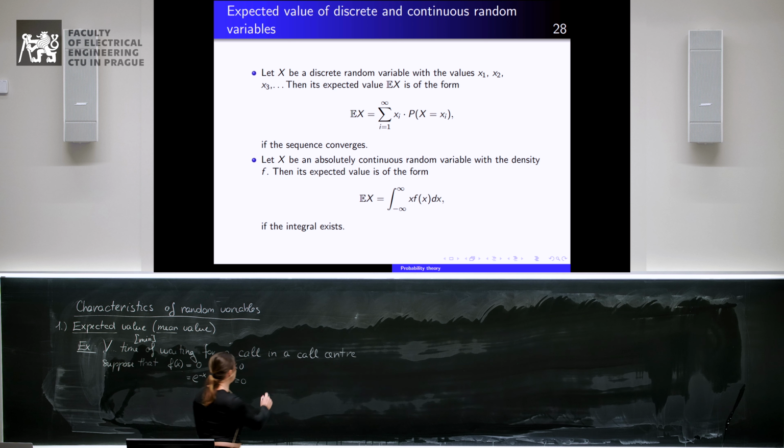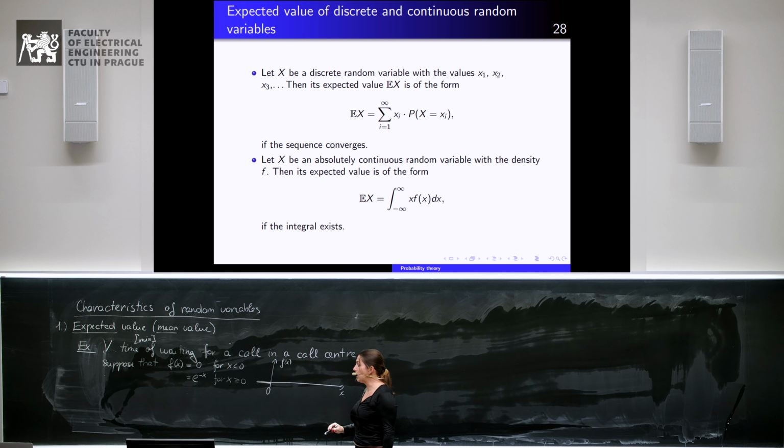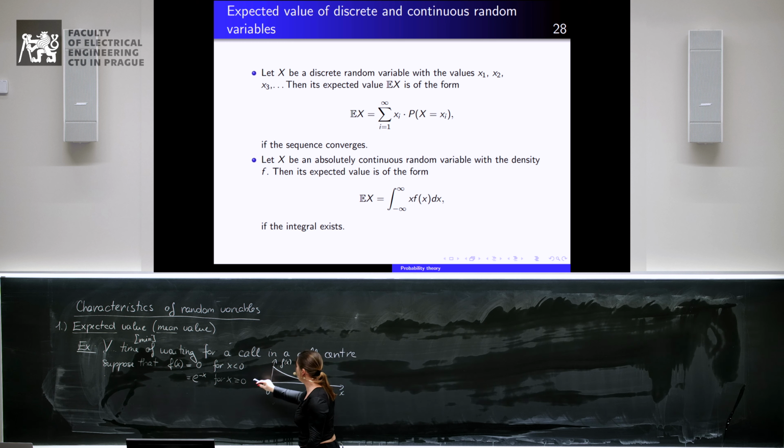And it is quite a reasonable model, because look what happens. The density is equal to 0 for negative times of waiting, and it is such a decreasing function starting in e powered by 0, so starting in 1.